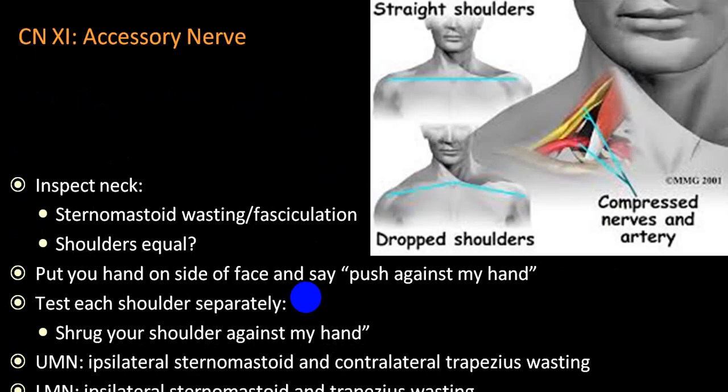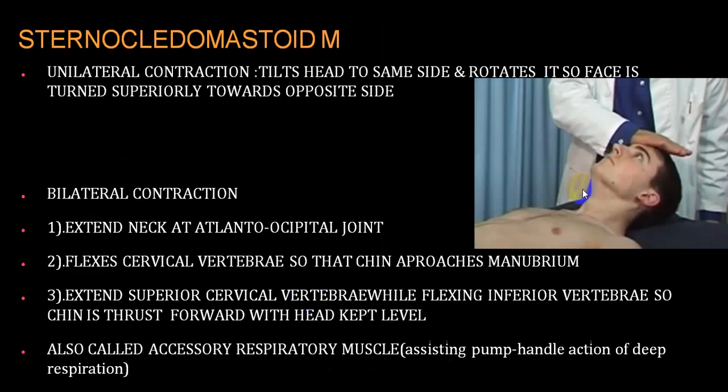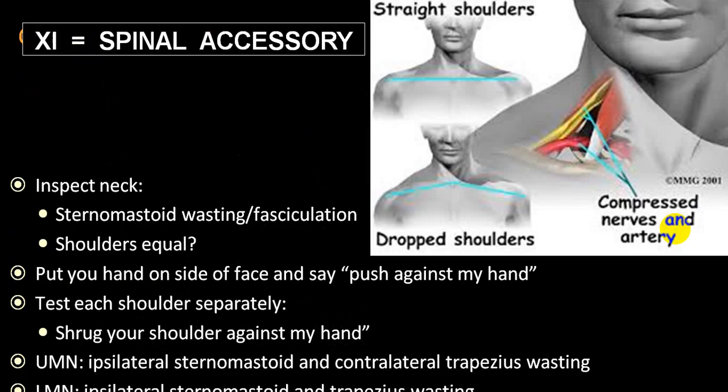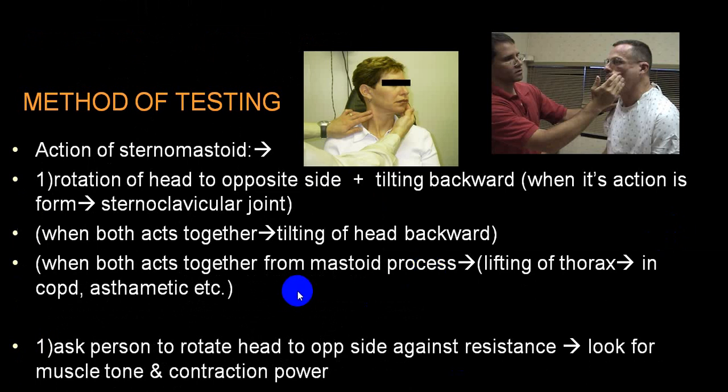We have already shown you here. You will be testing both the sternocleidomastoid. And you can see that both sternocleidomastoid have become prominent as accessory muscles of respiration in a person with COPD or status asthmaticus.